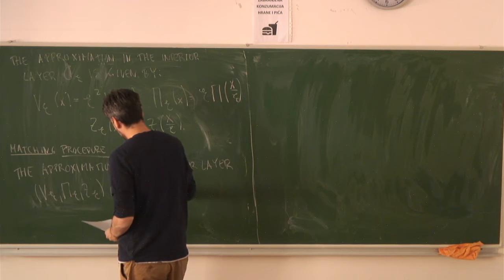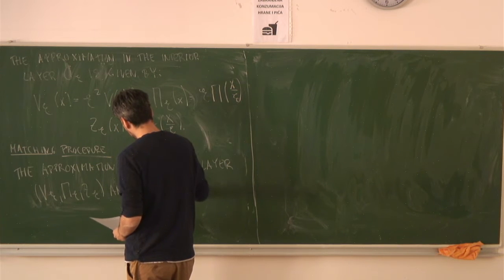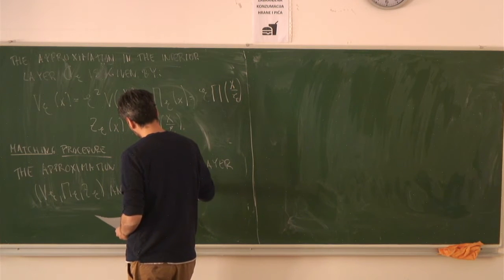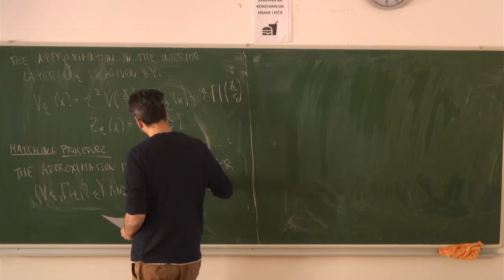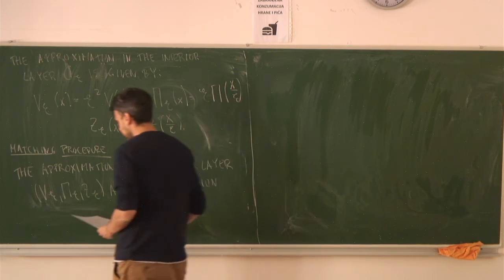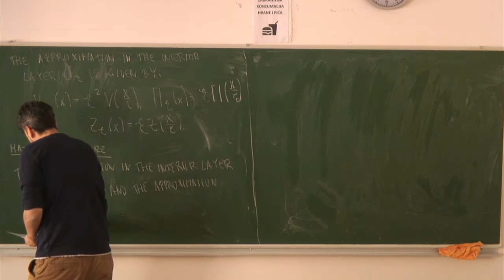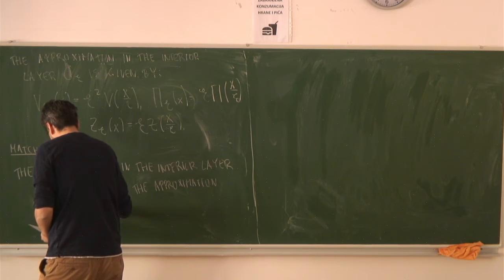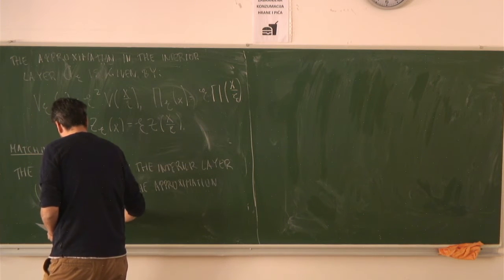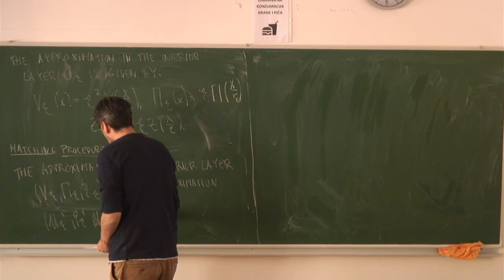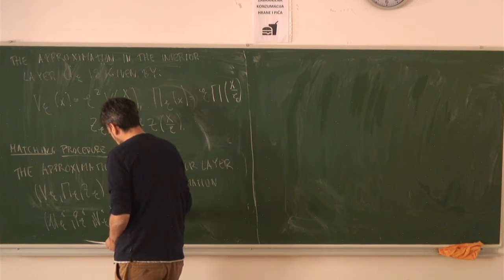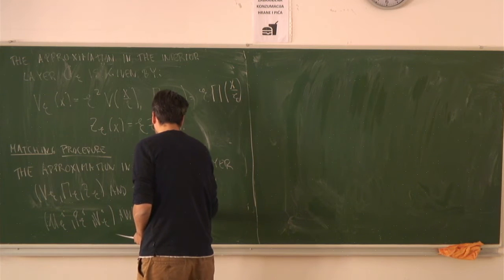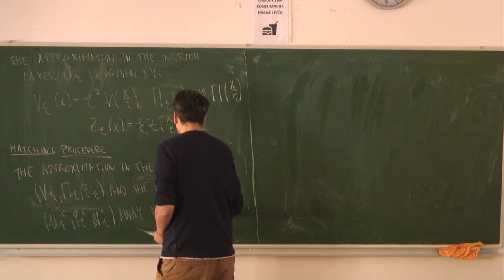And the approximation u epsilon I, p epsilon I, and v epsilon I. So this is away from the junction.